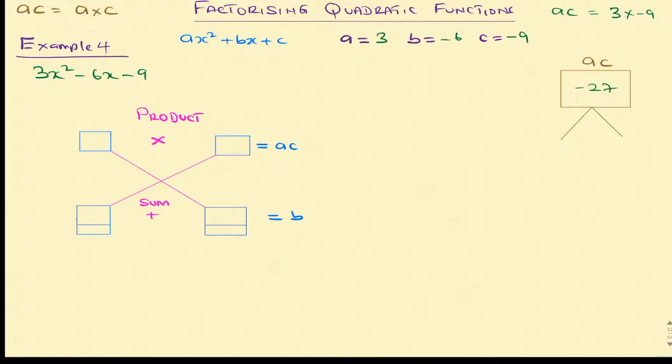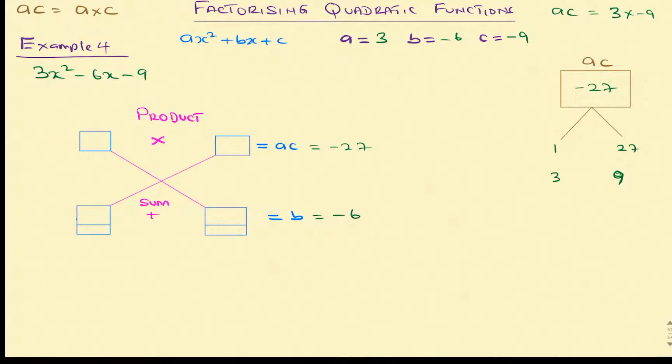We need two numbers we can multiply together to get ac equals minus 27, and when we add them together, we get b, which equals minus 6. So we try 1 and 27. If we add them together, we get 28, so that wouldn't work. 2 will not go into 27, so we have to try 3 and 9.